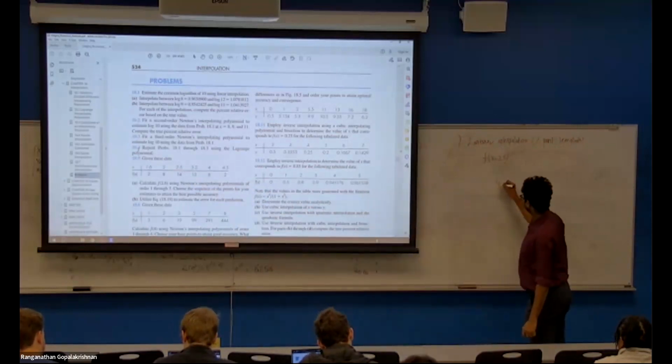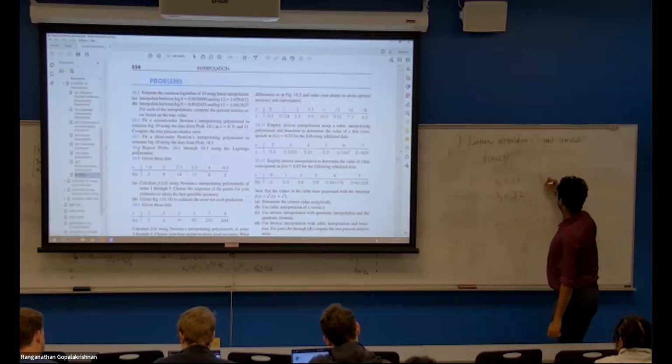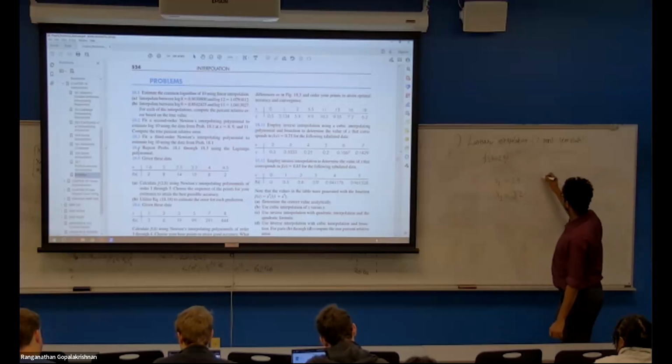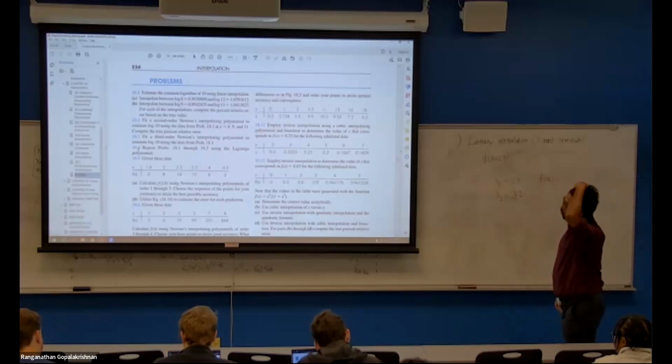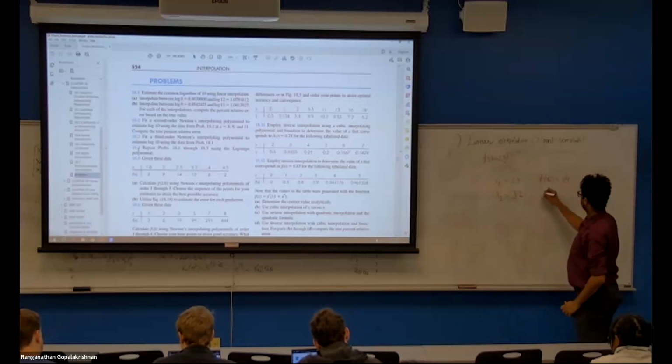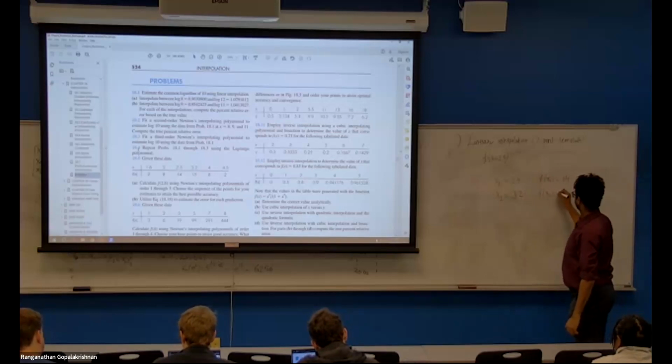So our x1 is 2.5, x2 is 3.2, y1, or function at x1, is 14, and function at x2 is 15.